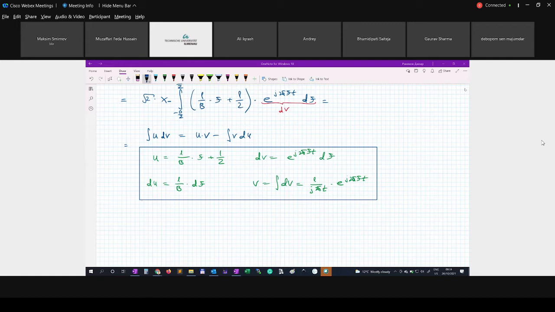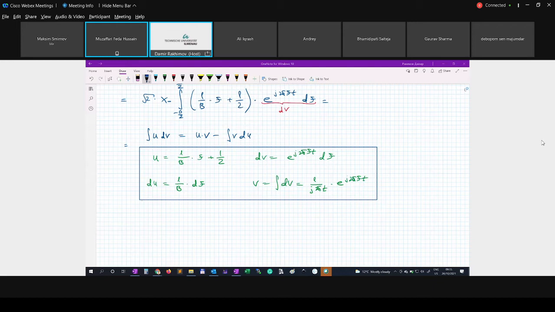Should we multiply by 2? I think we should take our limits and substitute them in our expression where we replace this variable. Am I right? Yes, let's do it.